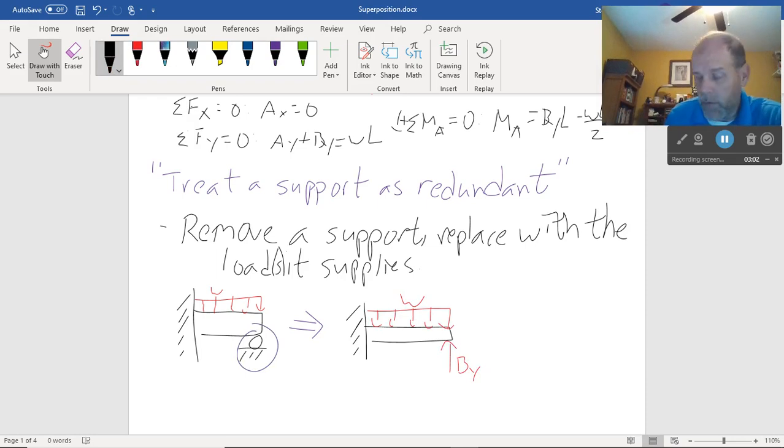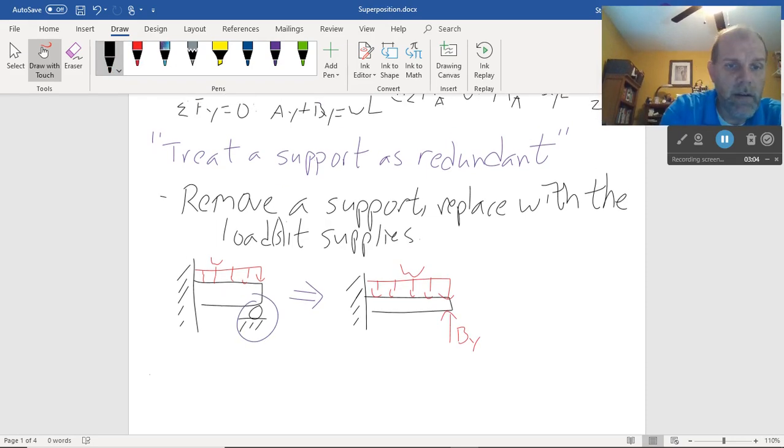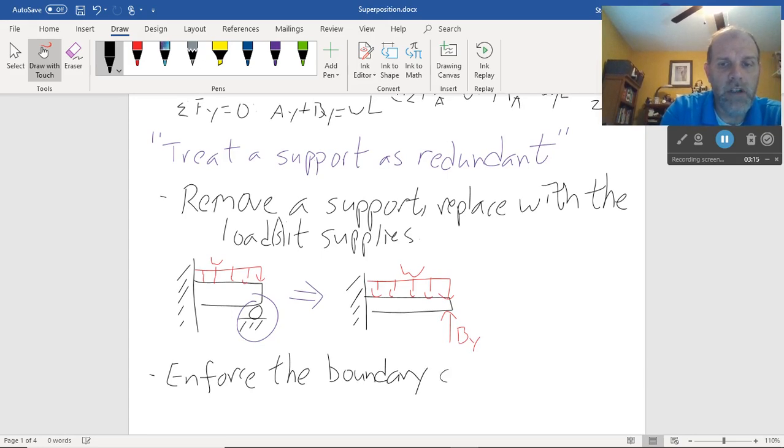And then what we do is we enforce the boundary condition or conditions. So here comes that parentheses S again.